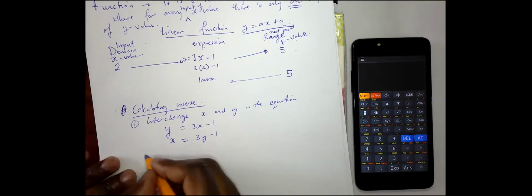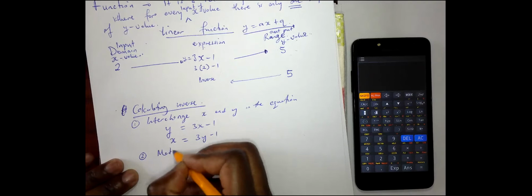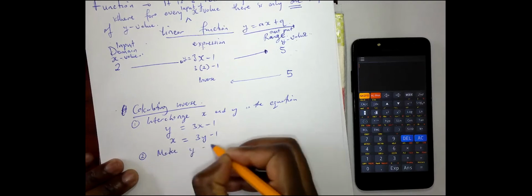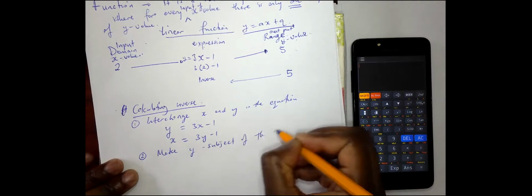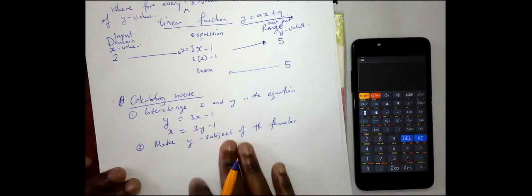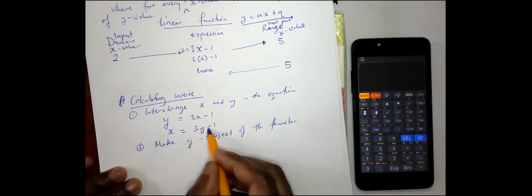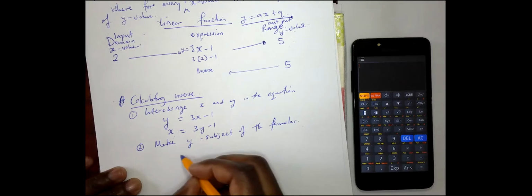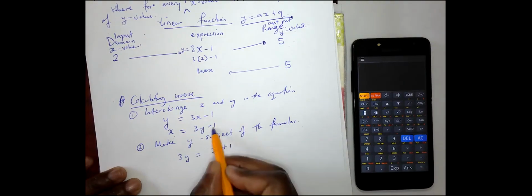Now, what is the second step? Second step is make y the subject of the formula. When we say subject of the formula, we want it in the form y equals. So from this equation, 3y equals x plus 1, because the 1 comes this side.